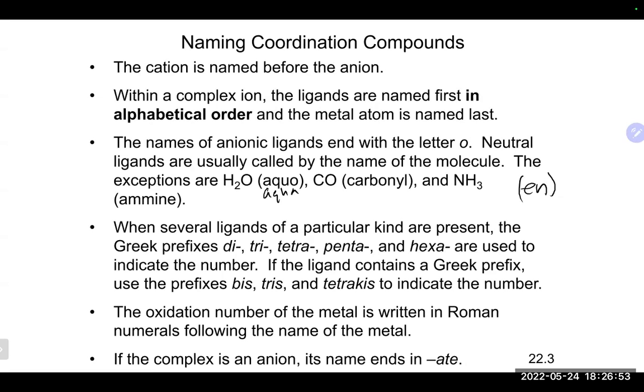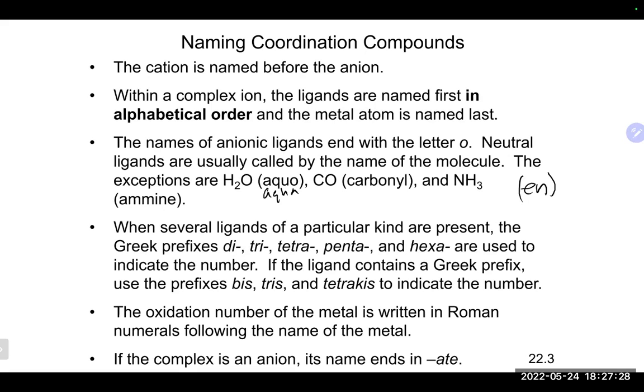The oxidation state of the metal is normally written at the end of the complex ion name. We do use Roman numerals to indicate the charge on the transition metal, or the metal in the complex ion. And we even use Roman numerals for things that we normally do not in other situations. So for example, zinc and silver, which have a fixed charge, we normally do not use Roman numerals, but in this type of naming, you still use the Roman numerals for those guys as well.